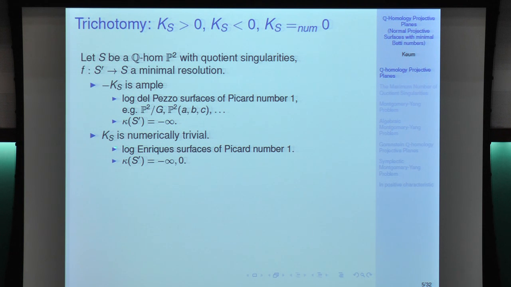In this case, the Enriques surface has Picard number 10. So after you contract 9 curves, you have Picard number 1. So this gives you one such example. And in this case, always, if such an example is coming from an Enriques surface, then it always has rational double points.